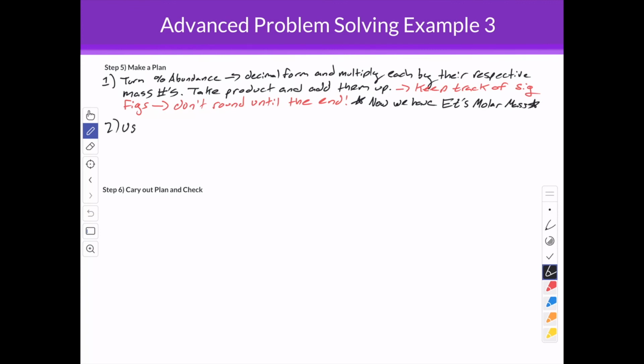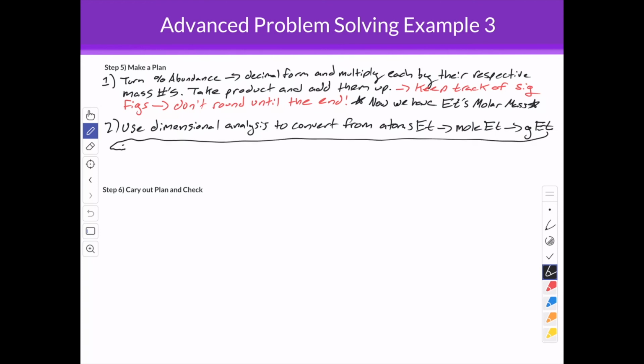Now we use dimensional analysis to convert from atoms of ET to moles of ET to grams of ET to milligrams of ET.